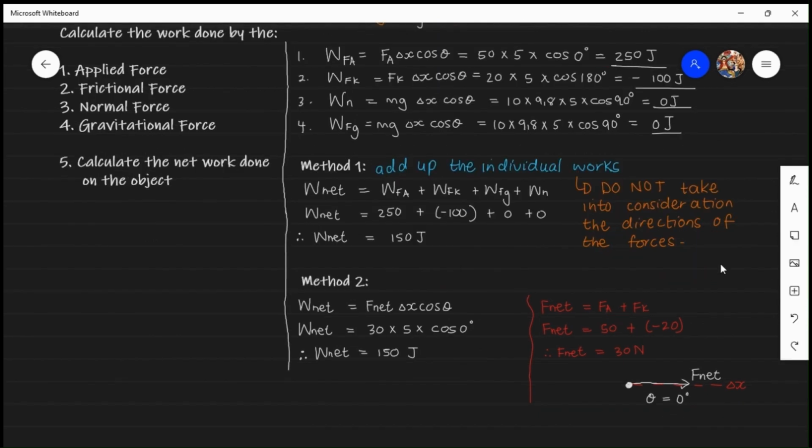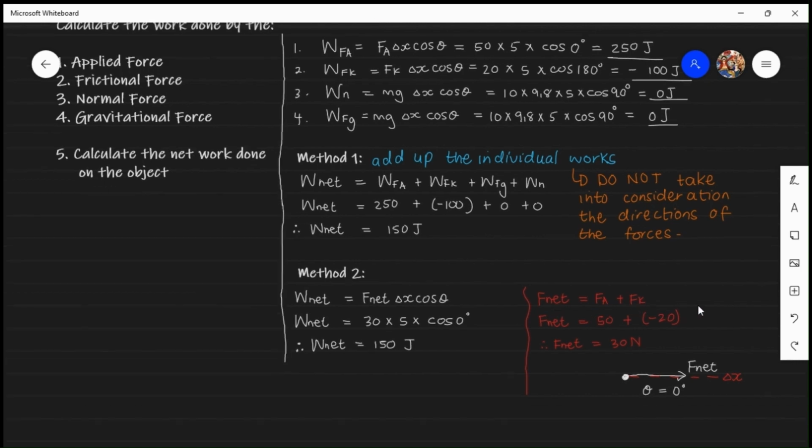Now, let's have a look at method 2. For method 2, all we did was, because we are calculating work net, we use F net. Similar to how when we calculated the work done by the applied force, we used applied force. So in this case, we're calculating the work done by the net force, or in other terms, work net, so we use the net force.